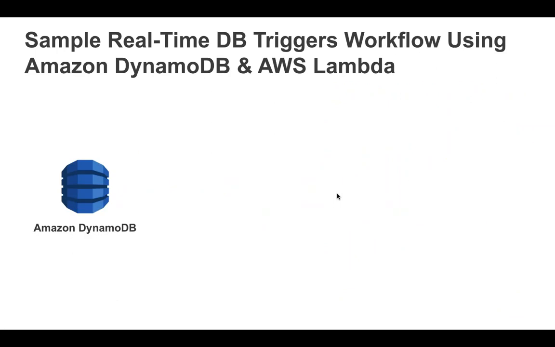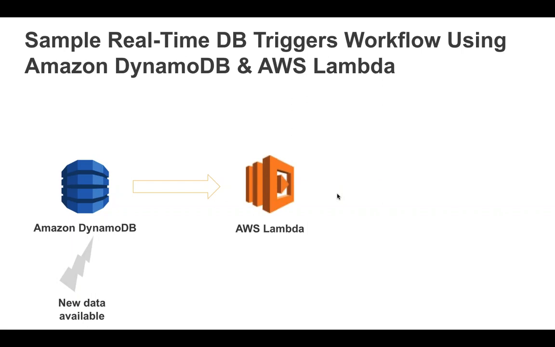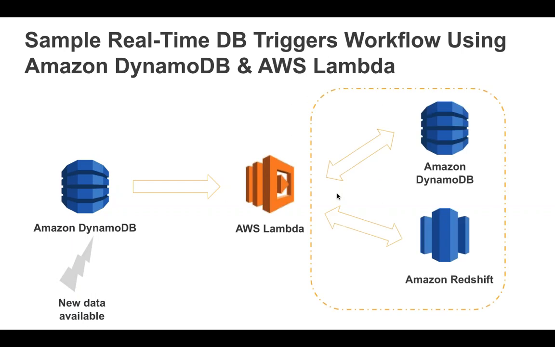Next is real-time database triggers workflow using DynamoDB, our NoSQL database service, and AWS Lambda. So DynamoDB can have data come in, so let's say we add a new record or modify a record in a table, and then with each of those events in the database, a Lambda function can be executed. And maybe it's to create an index.